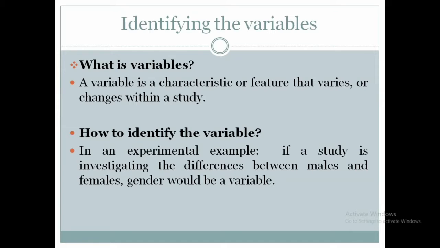In an experimental example, if the study is investigating the difference between males and females, so here they are searching for a difference between males and females. So in this case, gender would be a variable. Fine. So this is how you can identify the general types of variable.